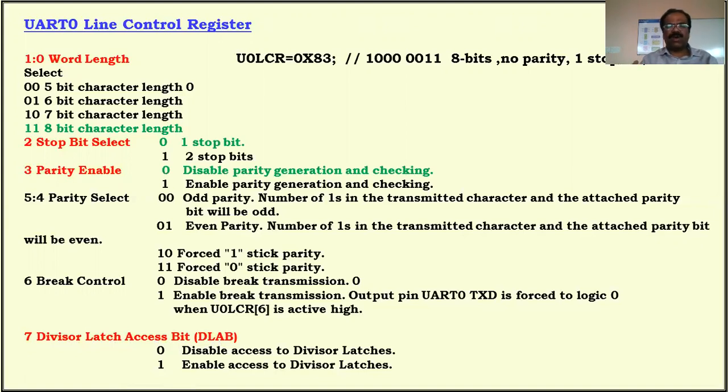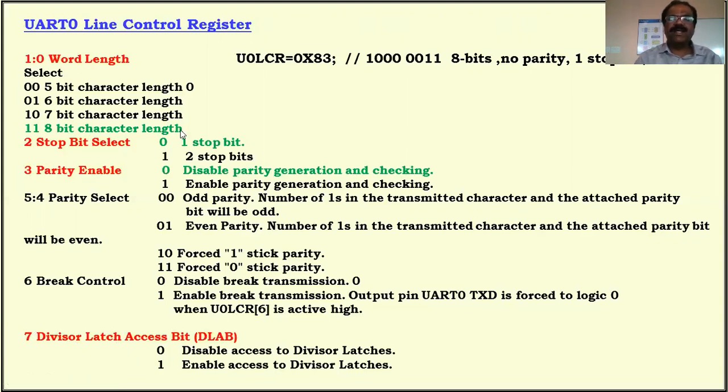Depending upon your requirement, we can configure the speed of transmission or speed of reception. For that purpose, we have to enable. Once the configuration gets over, then we can disable. Therefore, first we have to enable, later we can disable. That is the purpose of this. At the beginning, you have to enable. How to enable? You have to write 1 at bit number 7.